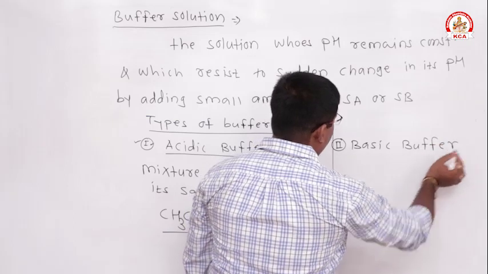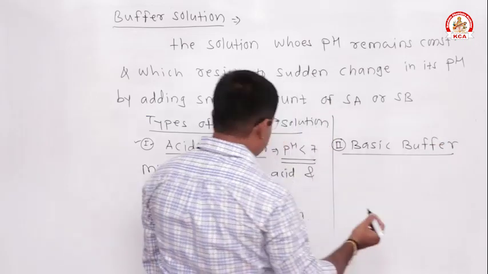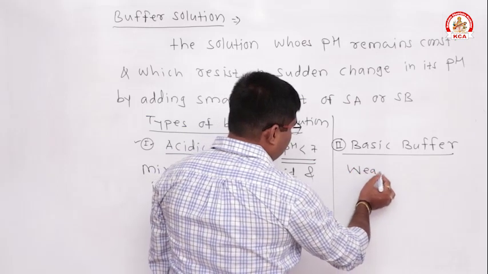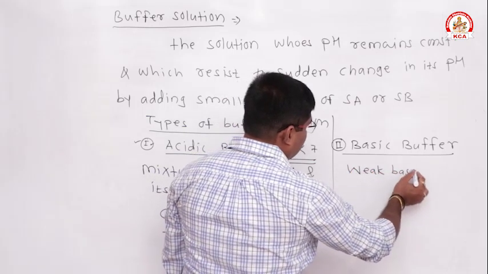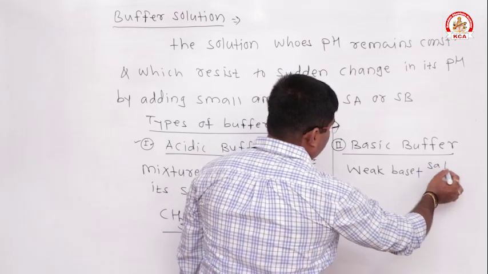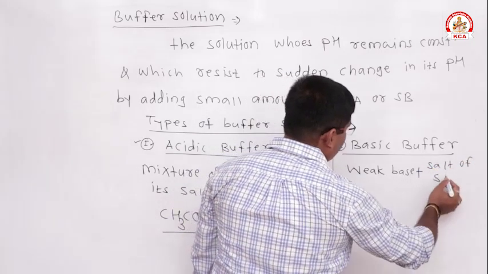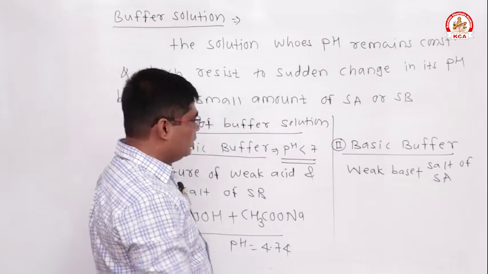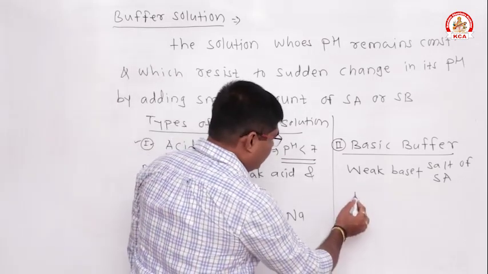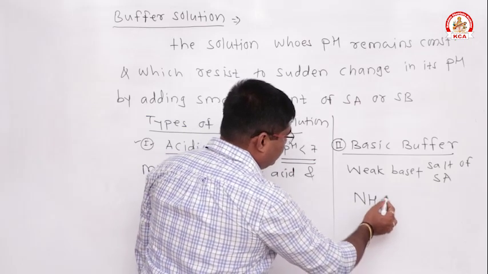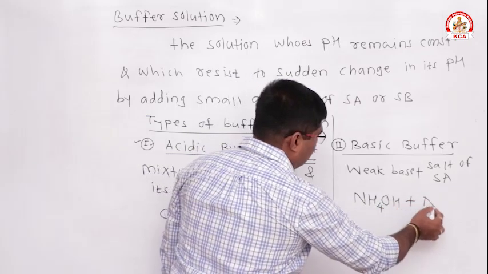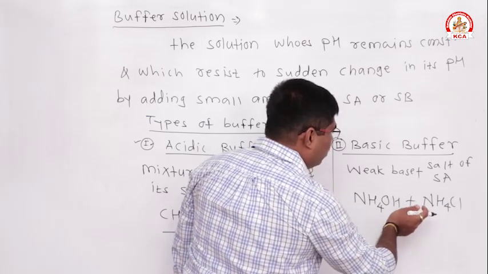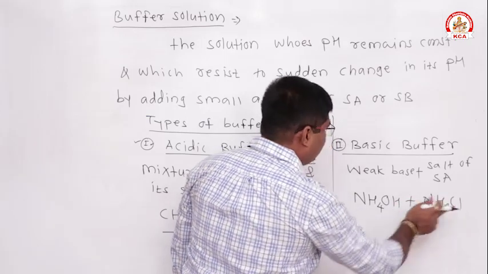So what is the basic buffer? Basic buffer is the mixture of weak base and its salt with a strong acid. For example, NH4OH is the weak base and NH4Cl is the salt of the weak base with a strong acid.